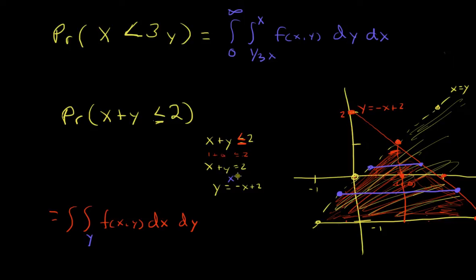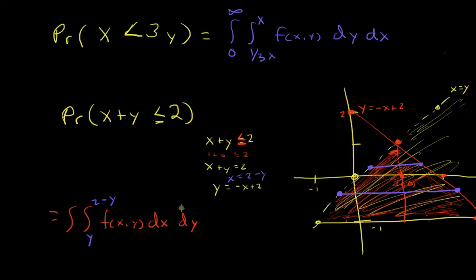So this is the same thing as x equals 2 minus y. I have to rewrite it with regards to x because I'm integrating with regards to x. So from x equals y to x equals 2 minus y.